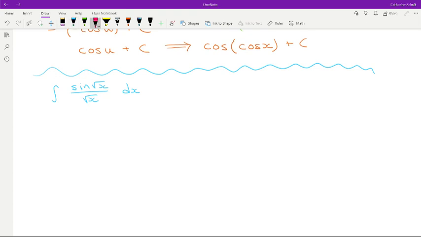Okay, so it's helpful to find your u by looking for an inside function, like a composition of functions. I see that the root x is the argument of sine, so I'm going to try that out. So x to the 1/2, and then let's take the derivative.